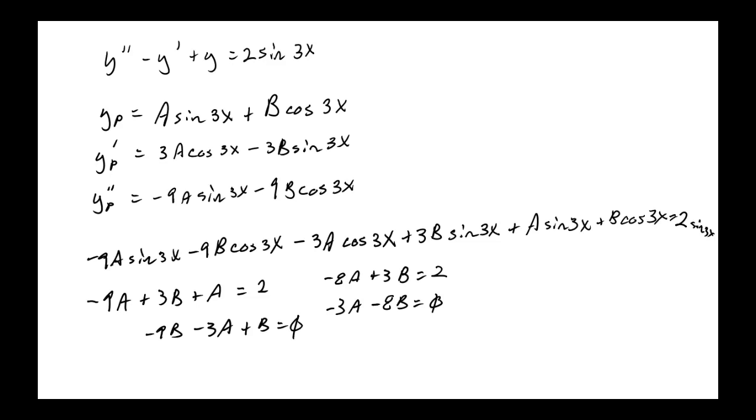What if you move the 2 over and make it negative 8a plus 3b minus 2 equals 0? Okay, you could do that. Then you would have one equation with 2 unknowns. That would be tough, wouldn't it? Yep. But there's something else you can do. It's almost along those lines. Not quite, but close. Okay? Any idea?